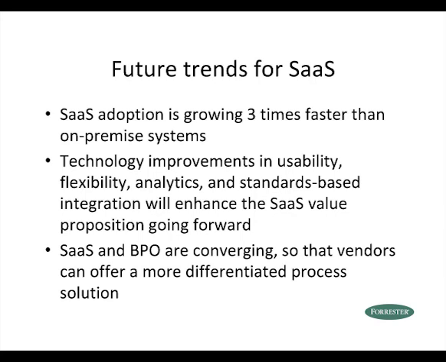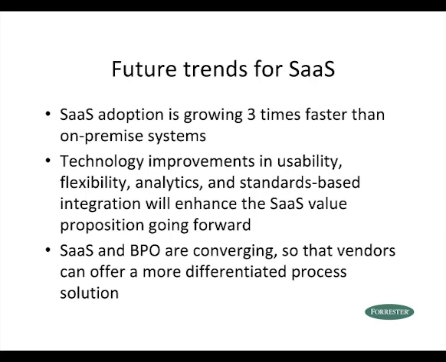Forrester has been following this overall trend for the past couple of years, and we developed a model called Dynamic Business Applications, which predicts how software applications are becoming easier to manage and easier to use. This is manifesting itself in many of the SaaS solutions coming on the market.